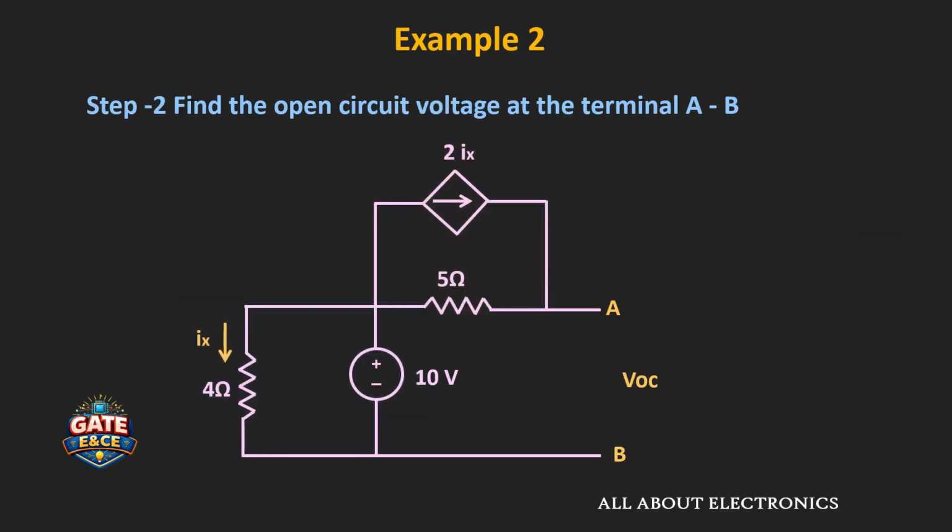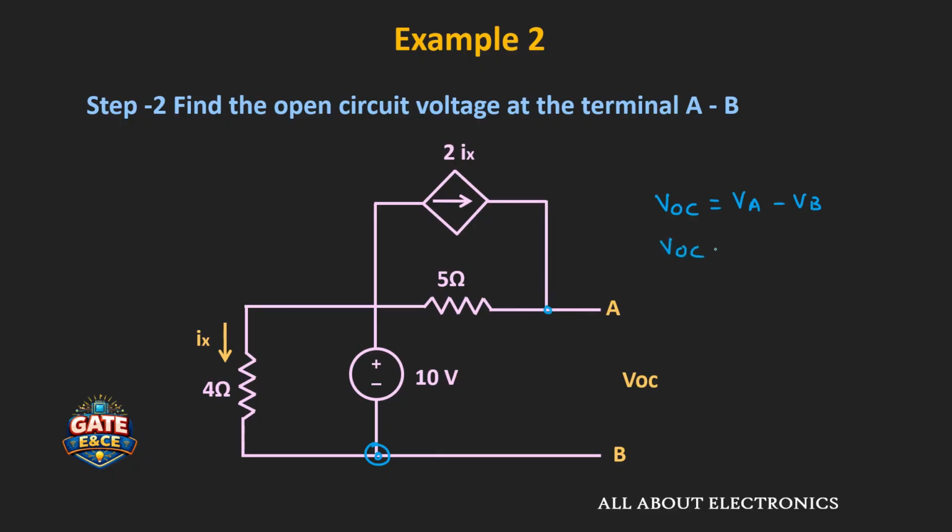And similarly, now let us find the open circuit voltage. Now here this open circuit voltage is the voltage between this node A and B. That means this open circuit voltage VOC is equal to VA minus VB. But here, as this node B is the reference node, the voltage VB will be equal to 0.